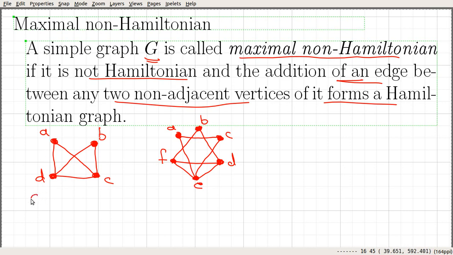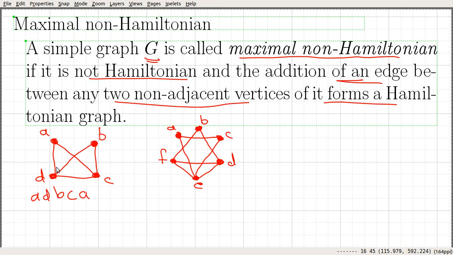So A to D, D to B, B to C, and C back to A. Now if you look into this particular cycle, this is a Hamilton cycle.